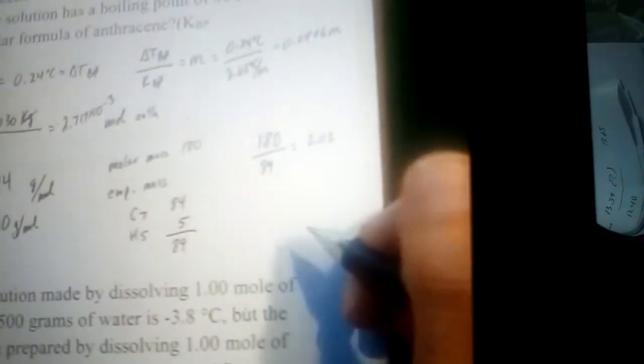And so that means the molar mass is twice the empirical mass. So the formula for the molecule itself is going to be twice the empirical formula for the compound. So if I take C7H5, multiply through by 2, that would be C14H10. That is my molecular formula for anthracene.